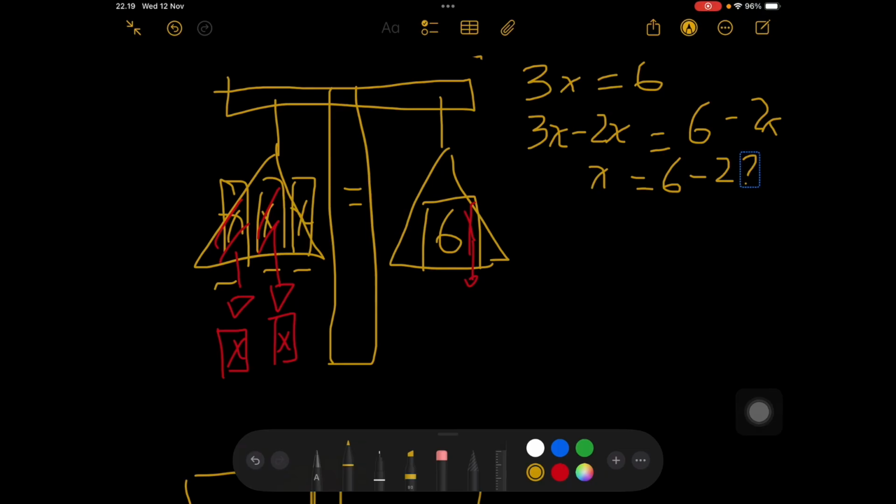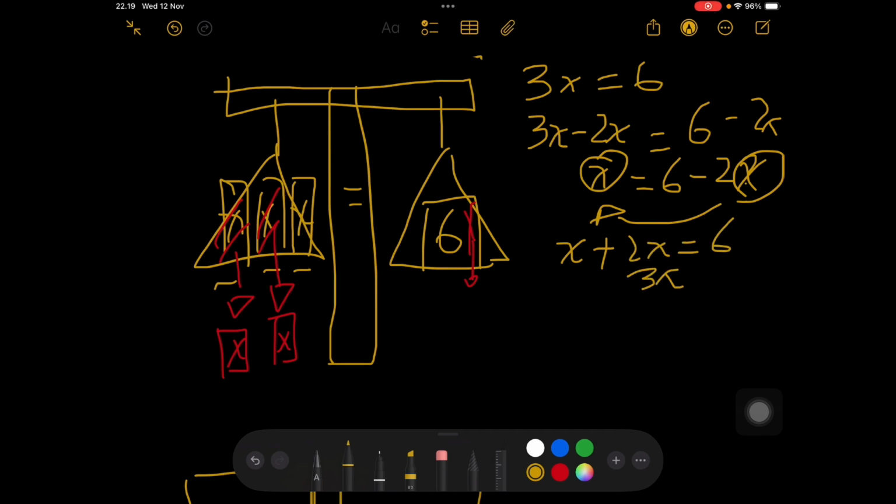We'll still not get anything. If it is still in x form, then this is still x and this is still x. And if we move it here, then it becomes x plus 2x equals 6, and back again to 3x equals 6. Since this is negative, when we move it, it is positive.